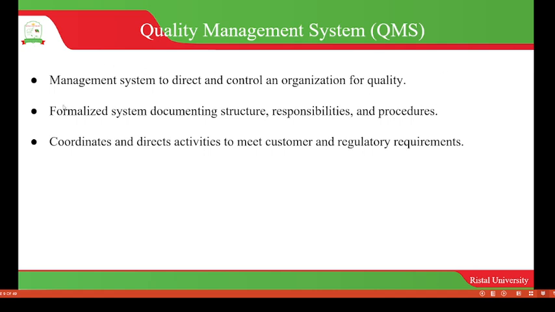It is a formal system which involves documentation of structures, responsibilities, and procedures for achieving quality policies and objectives. Then quality management system also coordinates and directs activities to meet customer and regulatory requirements.